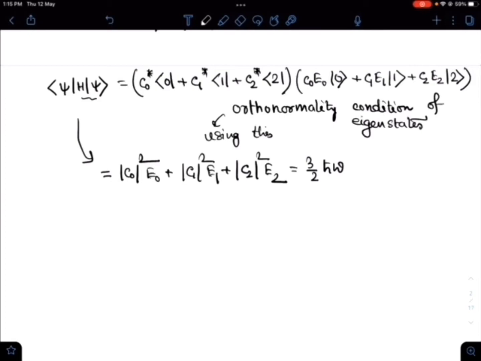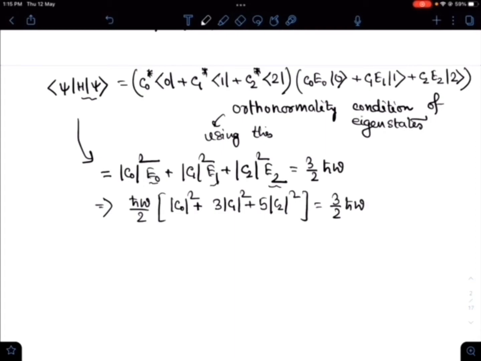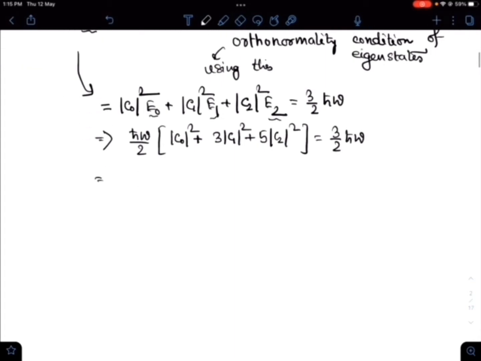Now we know E0, E1 and E2, and we can put these in. So this will be h-cut omega/2 times (C0^2 + 3 C1^2 + 5 C2^2), and on this side we have 3/2 h-cut omega.